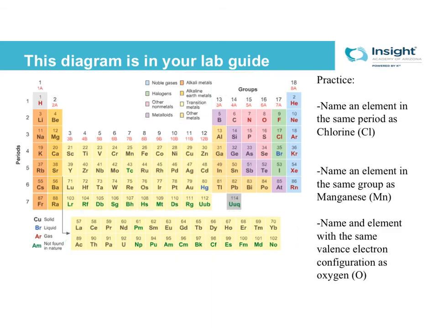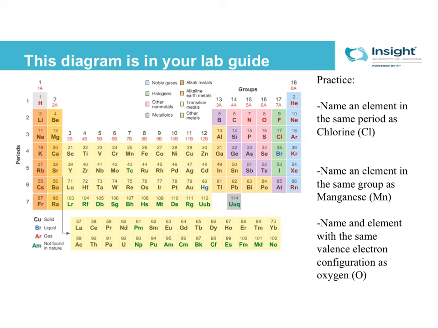Just know that this key is going to come in really handy as we get into more details. Based on what we've talked about so far, you should be able to answer questions like these on the right. For example, name an element in the same period as chlorine. Put any element in that same period.